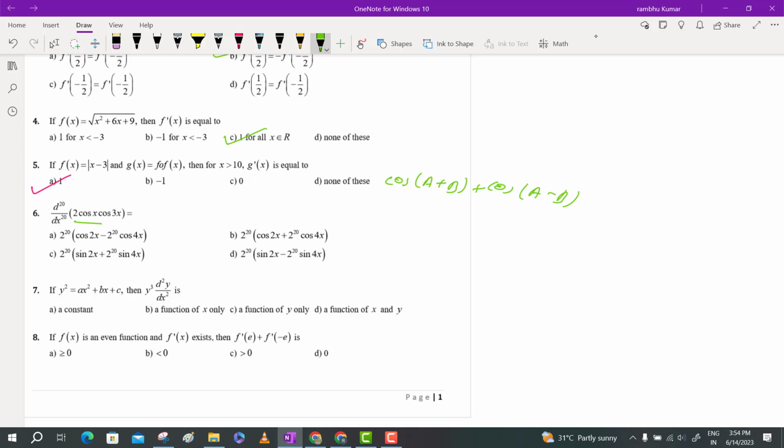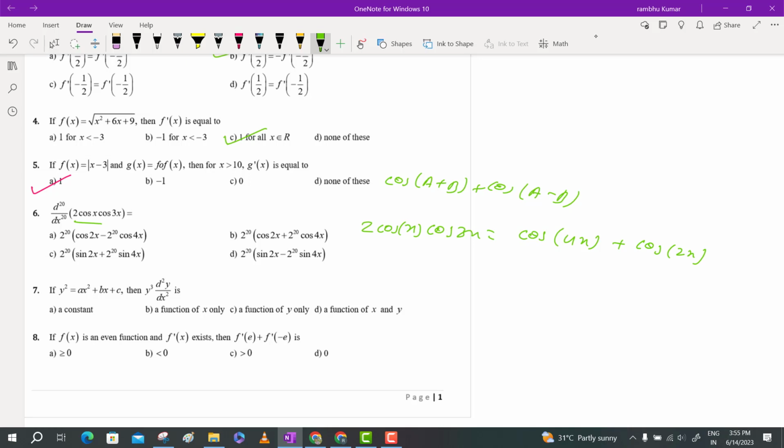Got it? So if you differentiate this one, you will have 2 cos x cos 3x, first write this one, which is nothing but cos of 4x plus cos of 2x.